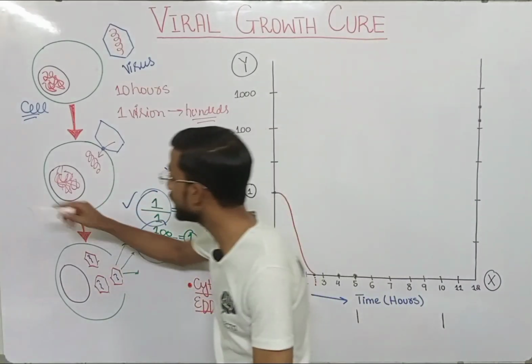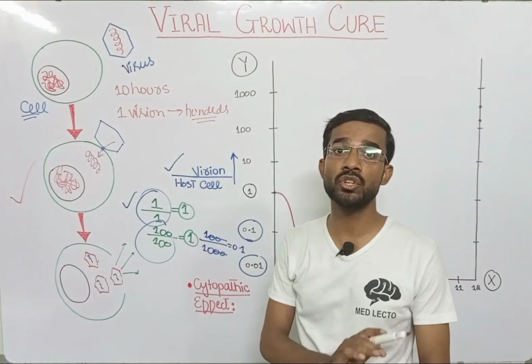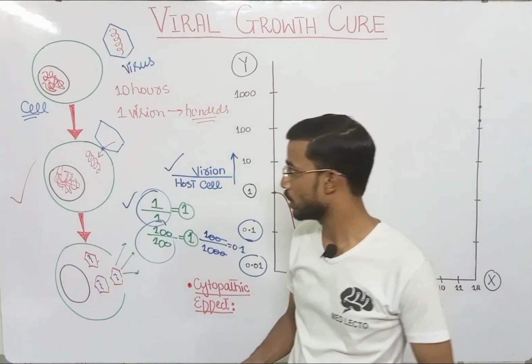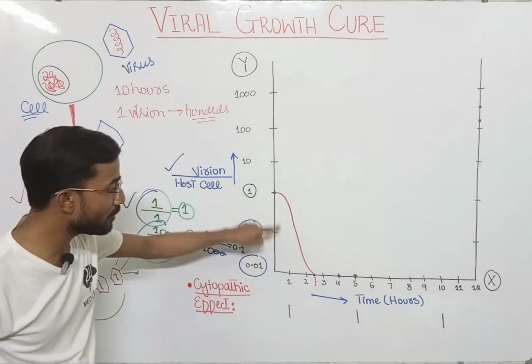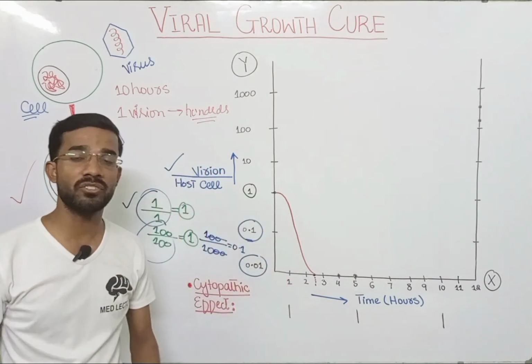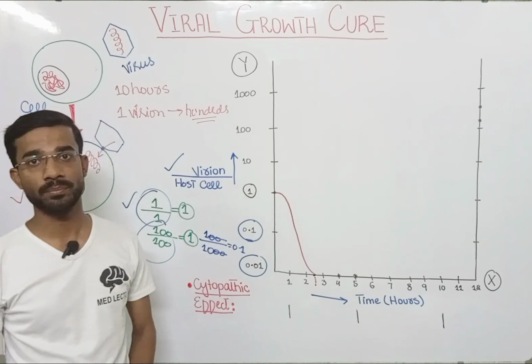So that is the intermediate phase in which you will never detect any virus. That's why, with the passage of time, a state is reached when you will not detect any virus.